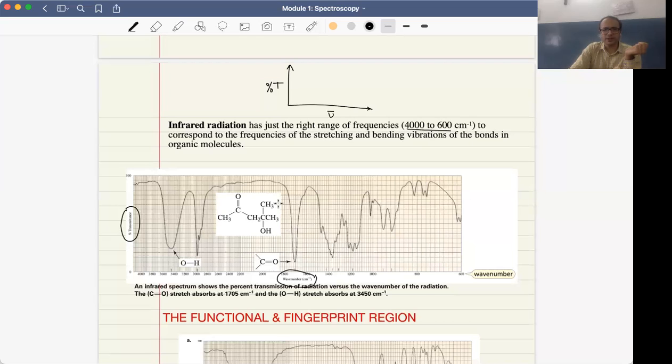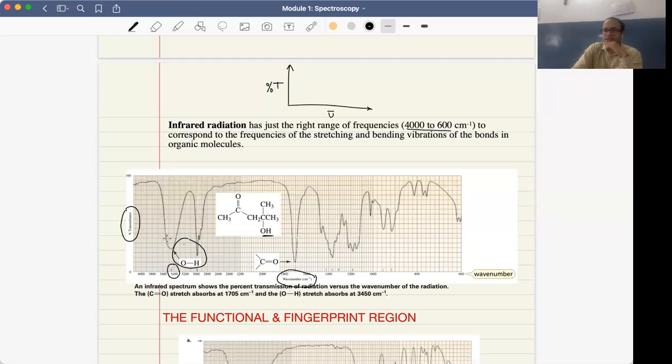Just to understand this in a literal sense, let us look at this particular molecule. This is a ketone, and its IR spectrum is recorded here. You can see a broad peak that corresponds to the OH bond present in this molecule. The OH bond has a particular frequency at which it vibrates, around 3400 centimeter inverse, so it absorbs this frequency and shows a peak.